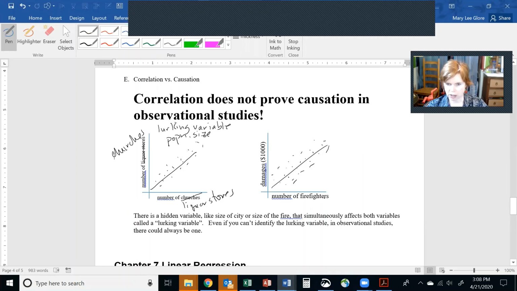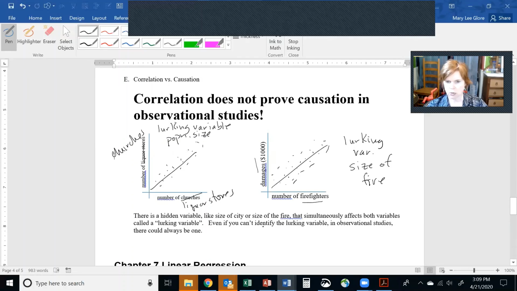So are firefighters causing damages to the houses? What's the lurking variable here? What's the variable that would cause more firefighters to show up and cause more damages? That would be the size of the fire. If I have a big fire, then they're going to call in more firefighters and there's going to be more damages.